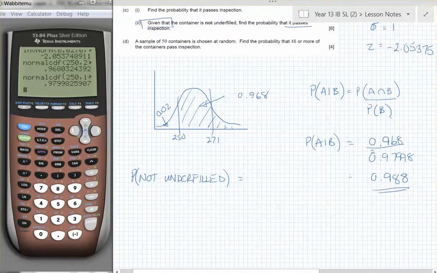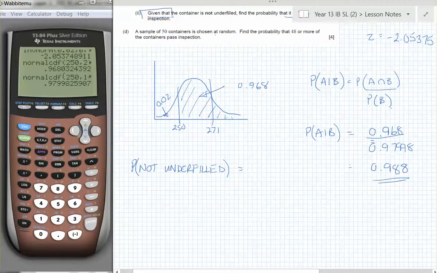Right. Finally, a sample of 50 containers chosen at random, find the probability that 48 or more pass. So it's either pass or fail. So that means we have to remember that we have a binomial probability now.